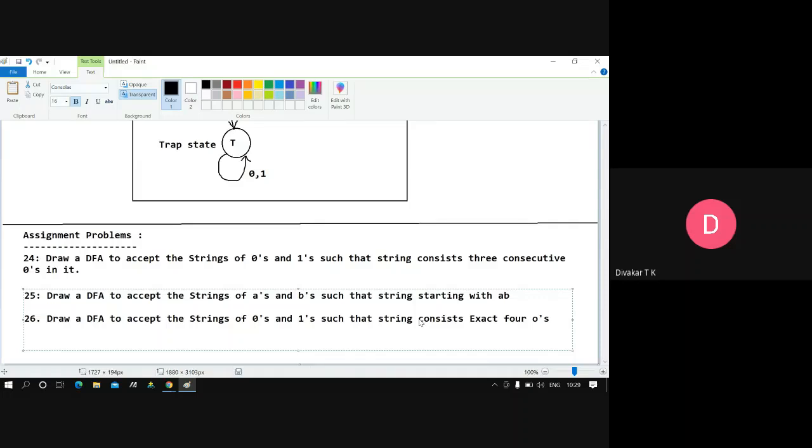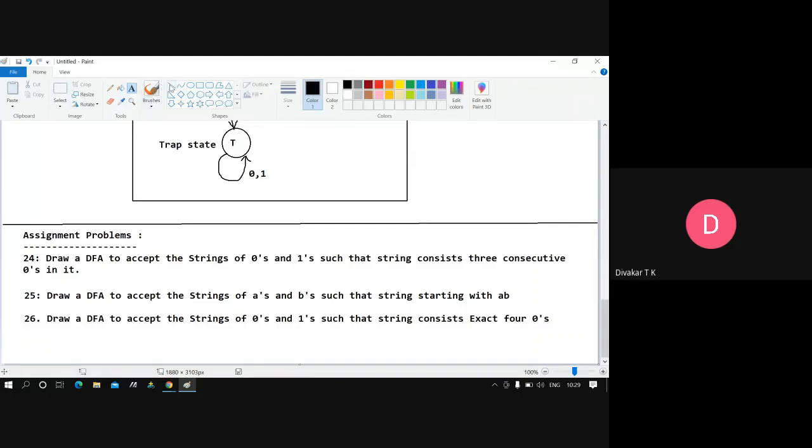And the 27th, you try for only 3, that is enough.